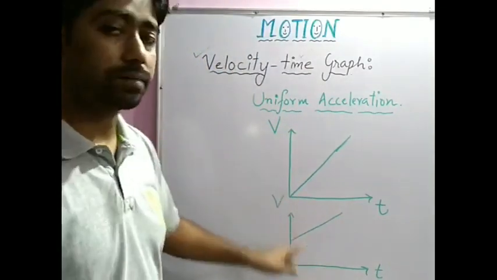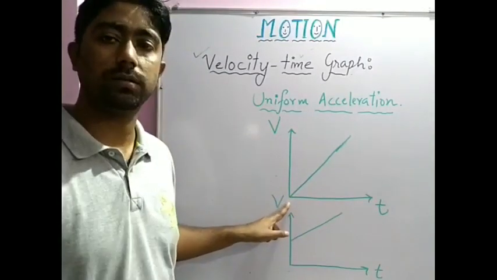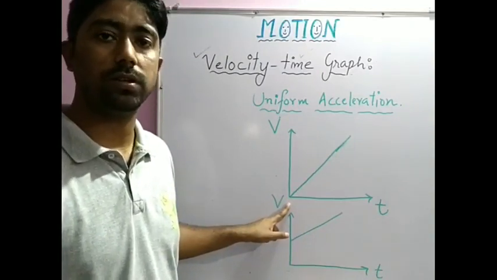In both cases, the graphs are straight lines. But here, when t equal to 0, the initial velocity of the body is also 0.